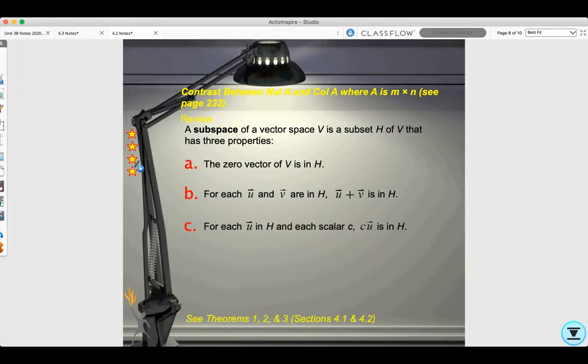And third, for each u in H and each scalar c, cu is in H. In this case, we say H is closed under scalar multiplication. If the subset satisfies these 3 properties, then H itself is a vector space. See theorems 1, 2, and 3 in sections 4.1 and 4.2 if you need to review it.